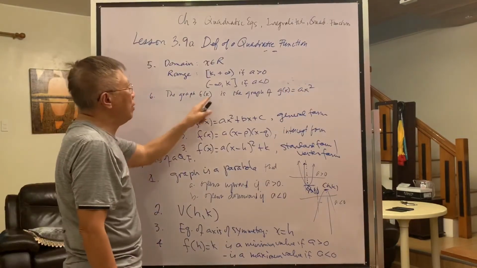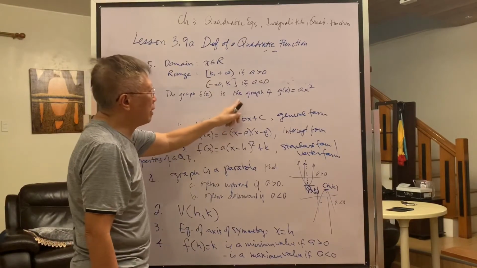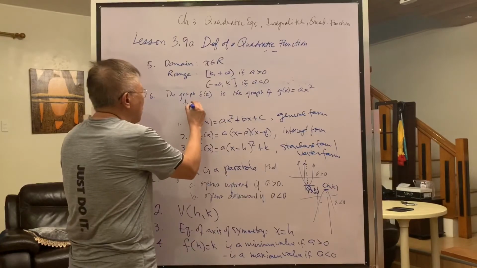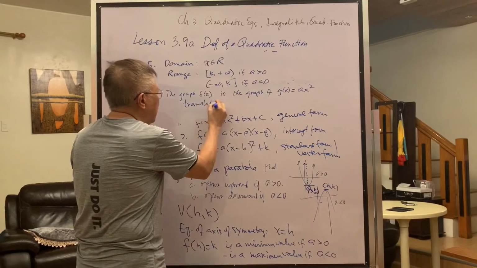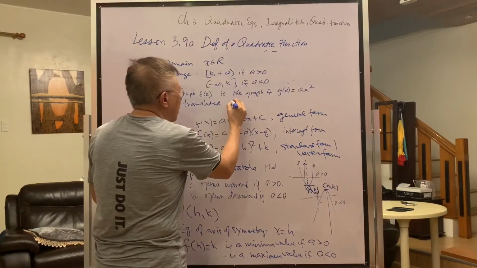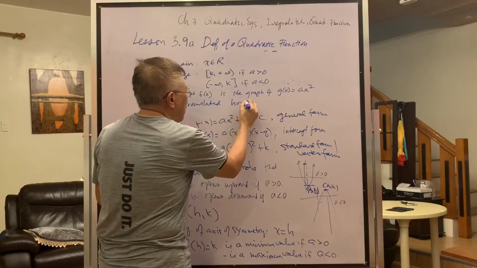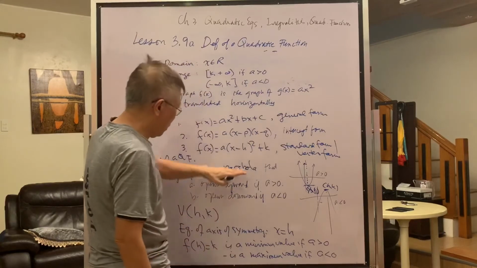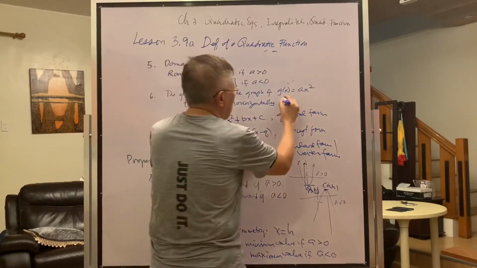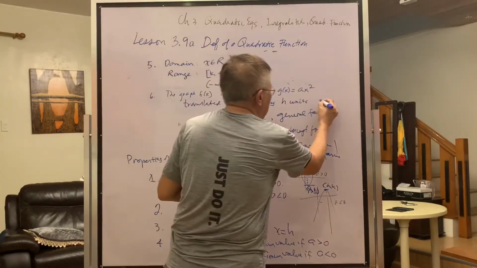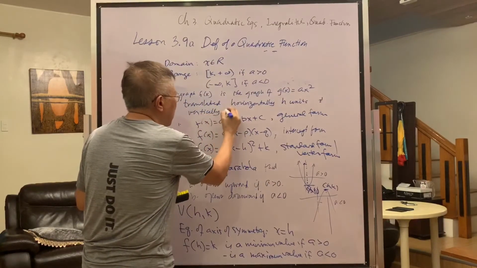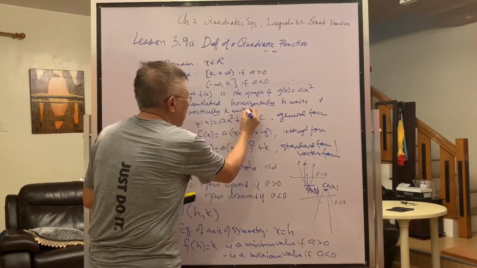The graph of f of x is the graph of g of x equals ax squared translated horizontally h units and vertically k units.